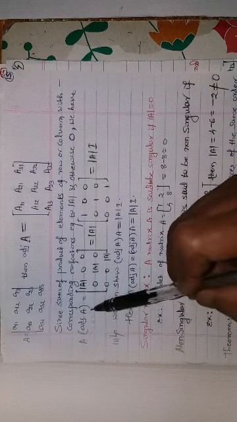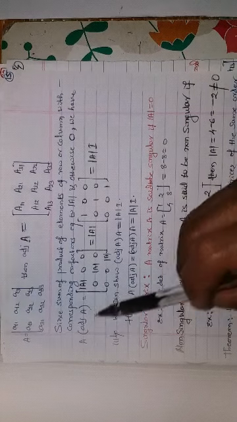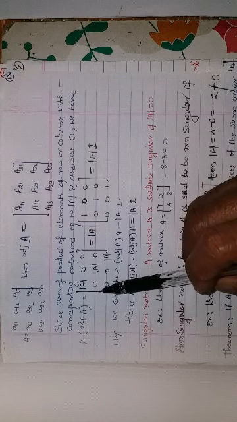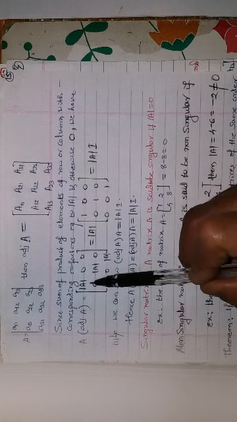Then A into adjoint A is equals to determinant A 0 0, 0 determinant A 0, 0 0 determinant A.